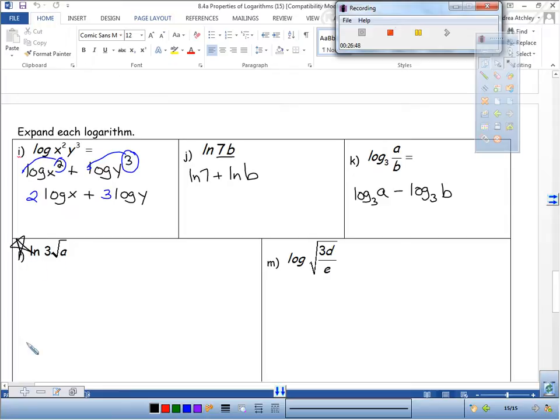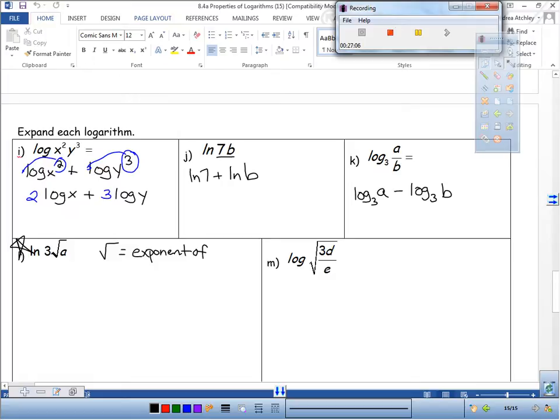Okay, this one's a little tricky, so put a star by it. The radical is what's going to throw us off. Okay, does anyone remember how to write the radical as an exponent? Raise hands. What is it? 1 over 2.